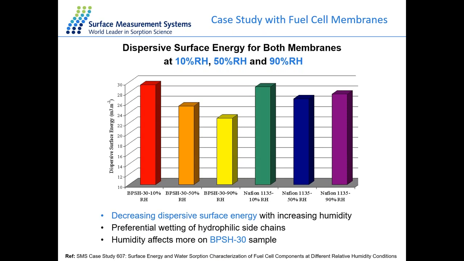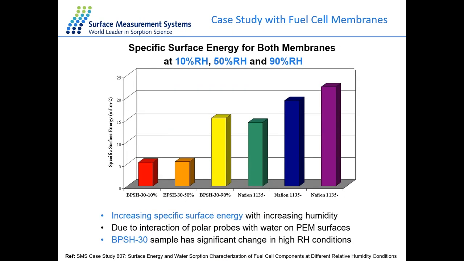And it's a constant trend of decrease for the dispersive surface energy of the BPSH sample, which indicates this sample is more humidity dependent. This is for the dispersive surface energy, which only counts the van der Waals interaction with the non-polar probes.